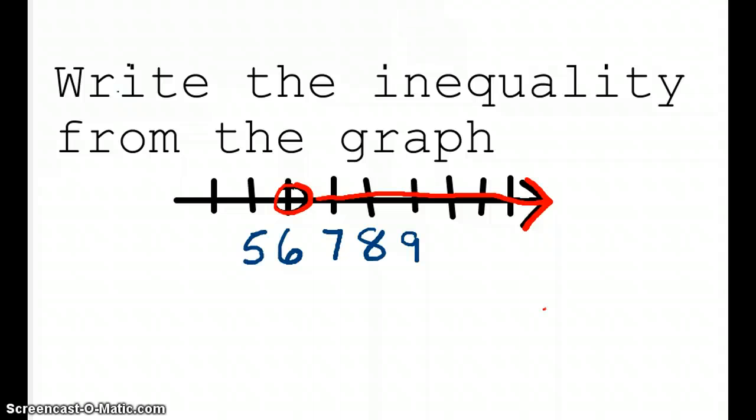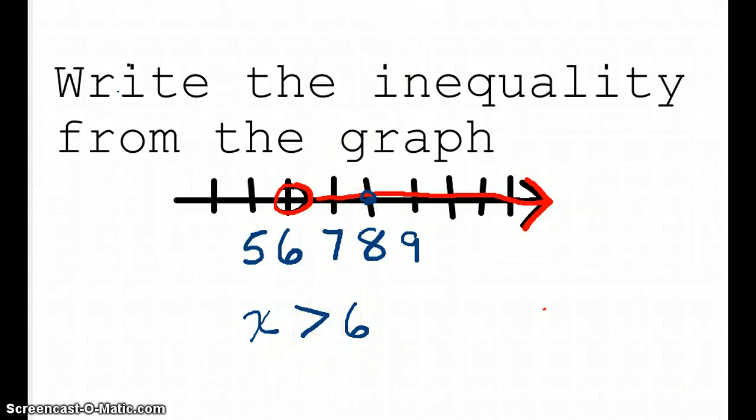So now we have to write the inequality from the graph. Well, first thing I look at here is that I have a number at 6. My number is greater than. X is greater than 6. Pick a number greater than 6. 8. Is that on my line? Check step.